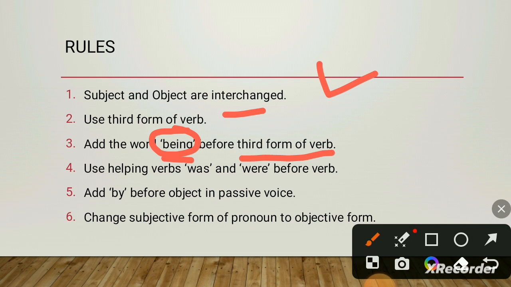Use helping verbs was and were. We use was with first person singular I, and third person singular he, she, it, and were is used with the second person pronoun you, third person plural they, and first person plural we.